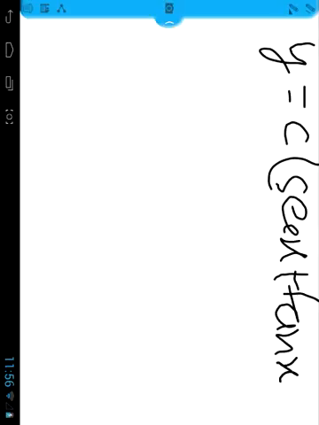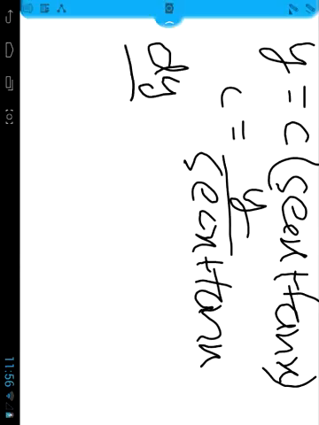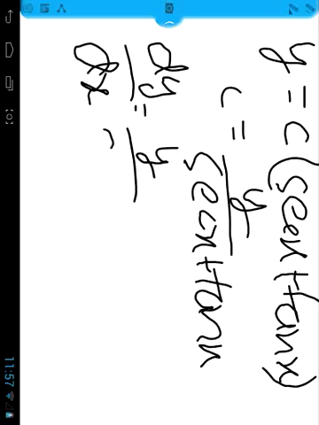From this equation, c is equal to y upon (sec x plus tan x).